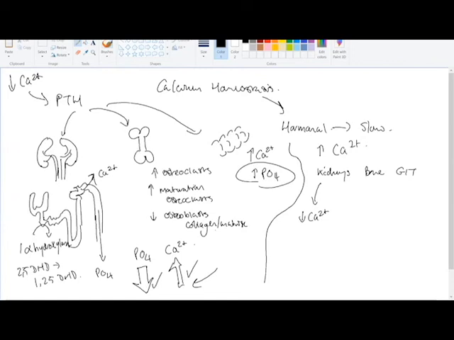It will decrease, and it will bring about, not decrease, my apologies, it will try and bring about an increase in phosphate reabsorption. In other words, we're trying to undo everything that's happening on the left-hand side of the screen. In bone, what we're going to get is a decrease in osteoclast activity.